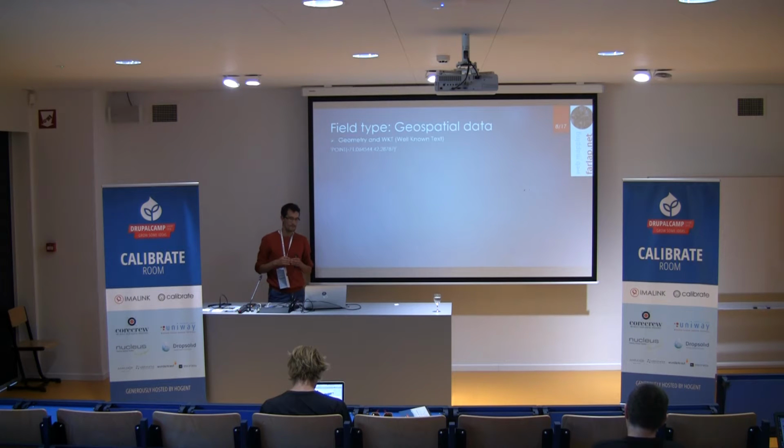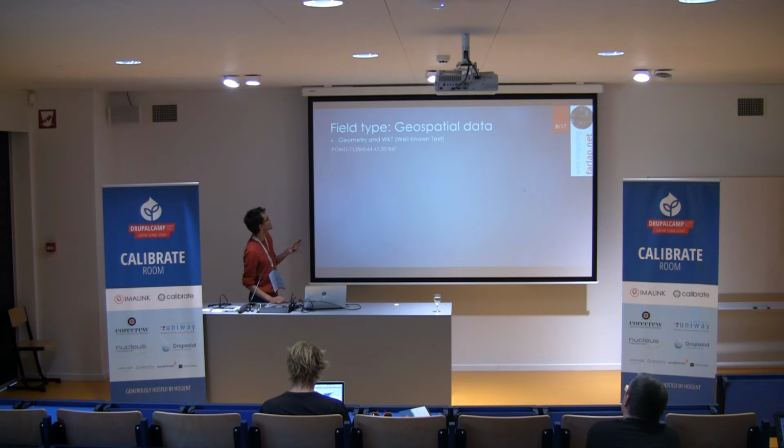And the geospatial data field type allows you to store the geospatial data in two ways, as a geometry string and as WKT. WKT means well-known text, and there is an example there.